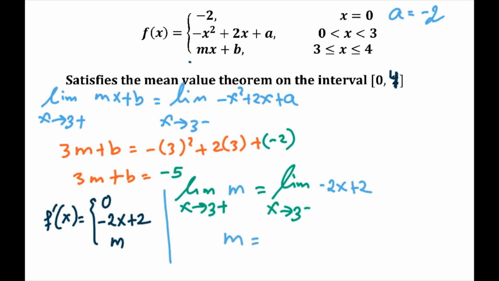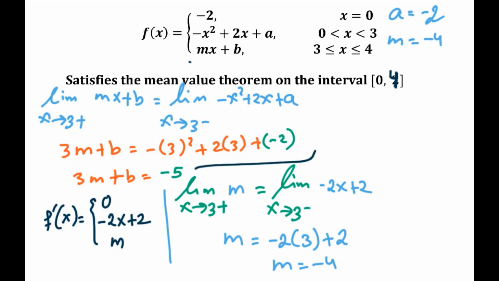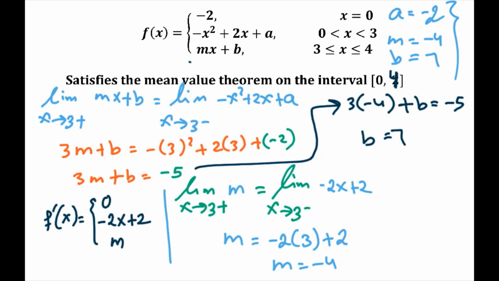So m equals negative 2 times 3 plus 2, and m will be equal to negative 4. Since m equals negative 4, I can go to this equation here and substitute m by negative 4. So b will be equal to 7. And here we go.